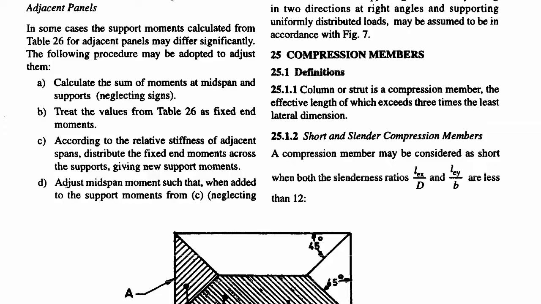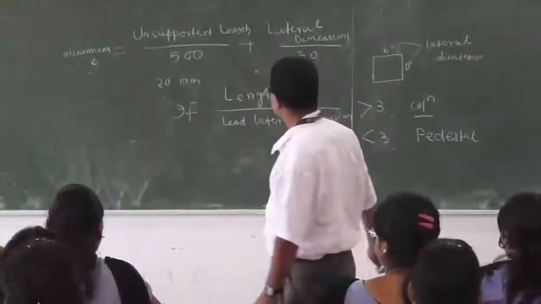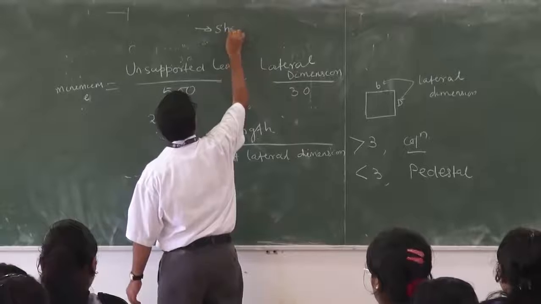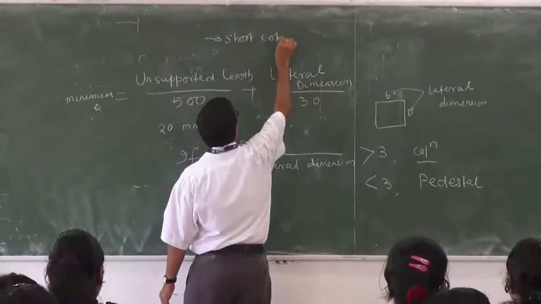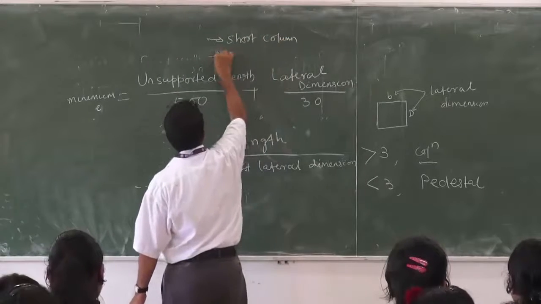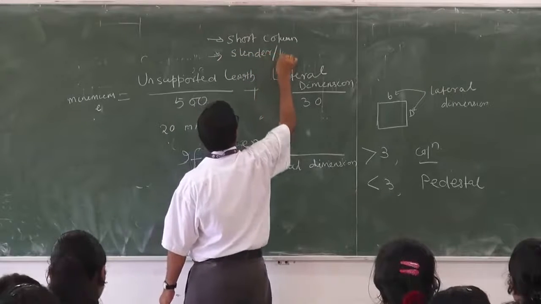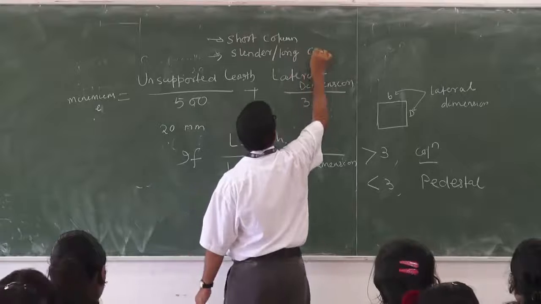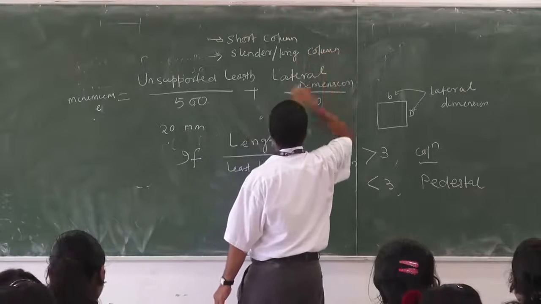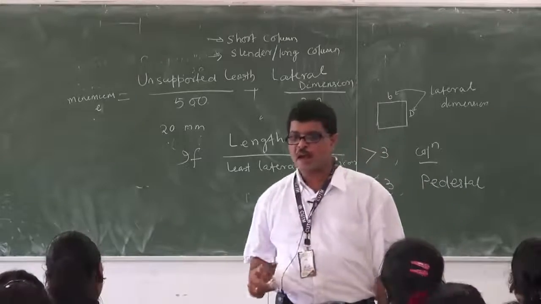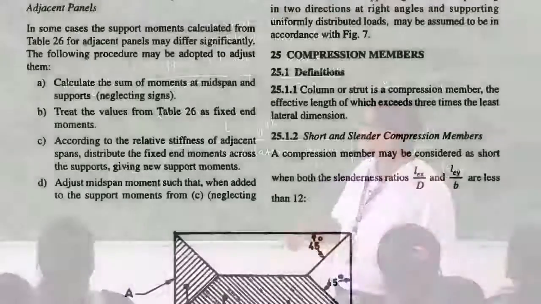Now what does the next clause say? Short and slender compression members, whether it is a short column or a slender column. So a column can be divided into two parts: the short column, or the slender or long column. How do we define the slender or short column?